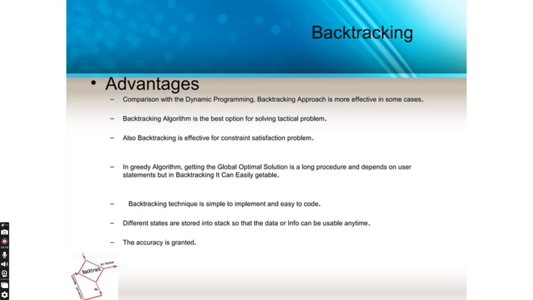But in backtracking, it is easily possible to get the global optimum solution within a short procedure. Backtracking is simple to implement and easy to code. Also, different states are stored in a stack so that the information can be used anytime. The accuracy of backtracking is guaranteed.